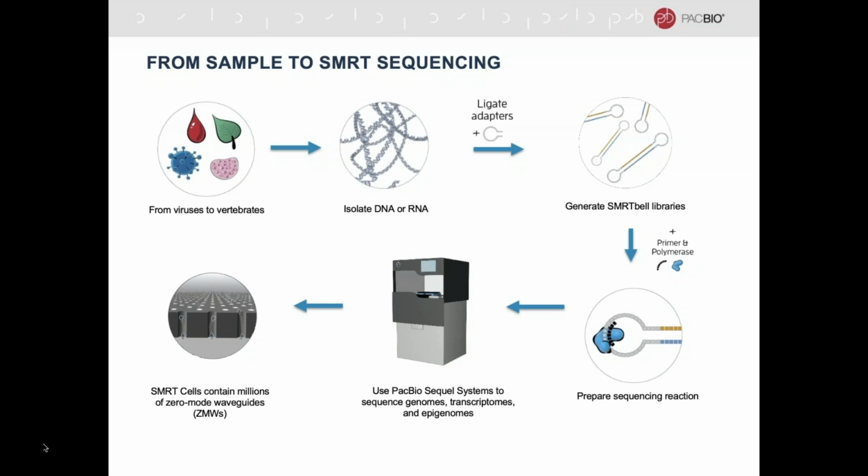And as you can see, we are ligating on hairpin adapters to either your DNA or cDNA. And then that has an addition of a primer and polymerase that goes straight onto our sequencing instrument, the Sequel II. And then that single molecule is going to be sequenced in its sequencing vessel, which we call a zero mode waveguide, or ZMW for short.